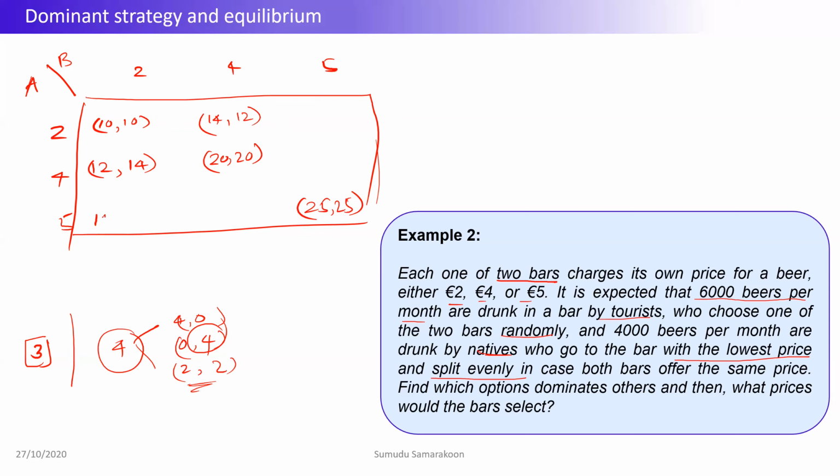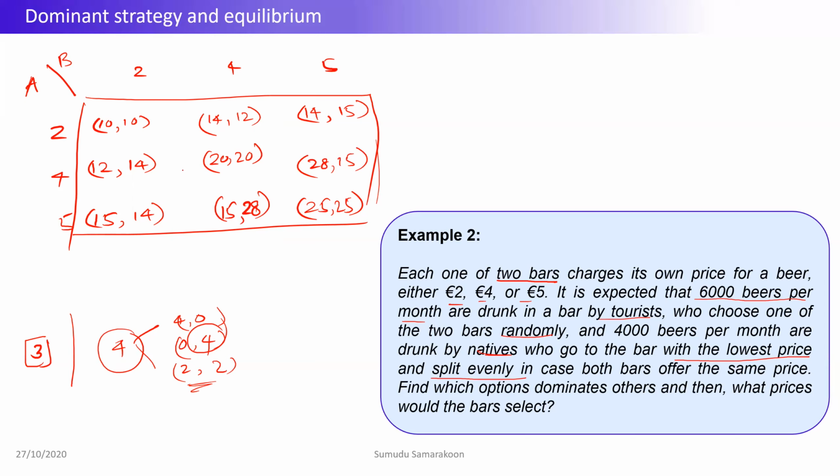If you go here, it is going to be 15 and 7 times 2, 14. Now if we consider this case, he will get only tourists here, while this guy gets tourists plus natives. It is 28, so it's going to flip here. Pretty interesting numbers, right?